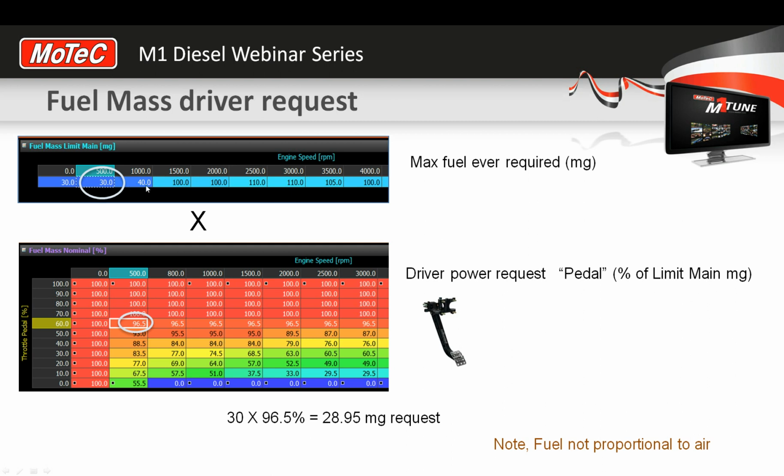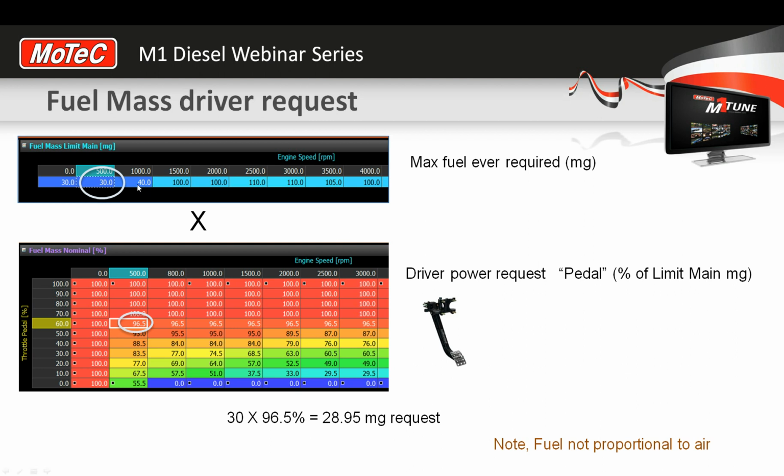So no matter what, at 1000 RPM, 1000 engine speed here, we can never get more than 40 milligrams out of the system. If we were to start to tune this engine and we were going to be very conservative, you could just put 30 milligrams all the way across here and then go drive it. You'd put your foot to the floor, and it might run something like lambda 5, and wouldn't pull the skin off a rice pudding, as they say.